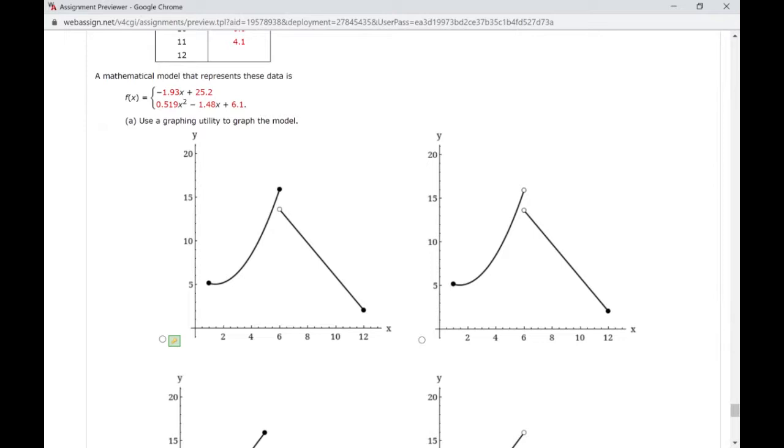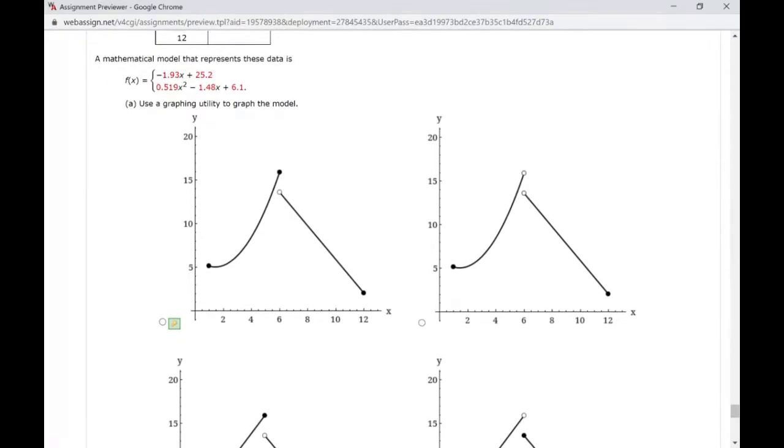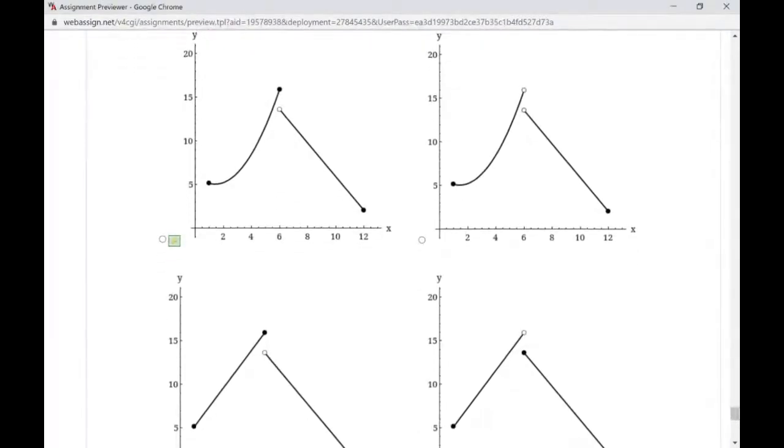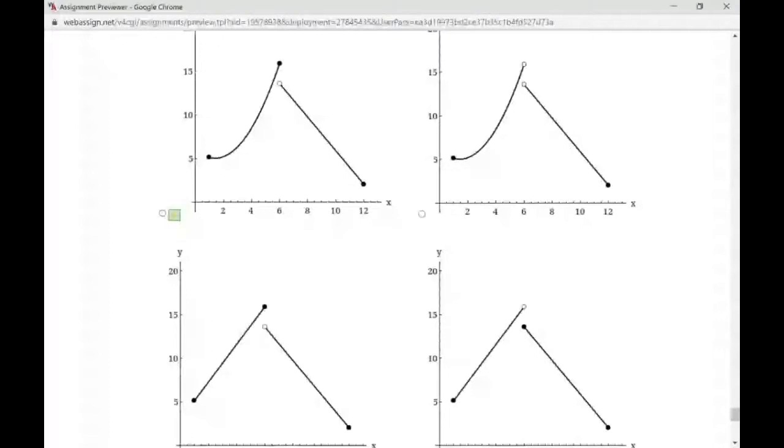One piece, give me the shape of the first piece. It's a line. And then the other piece is going to look like a piece of a quadratic. So based on that information, you could just use a graphing utility, but y'all know now which one of these 4 graphs could you have eliminated?